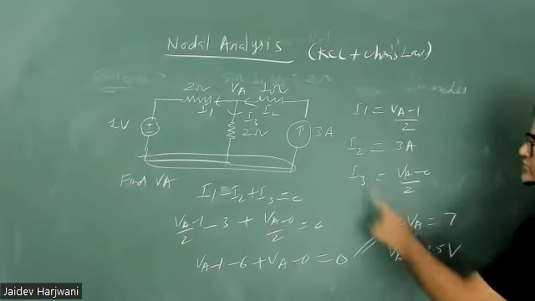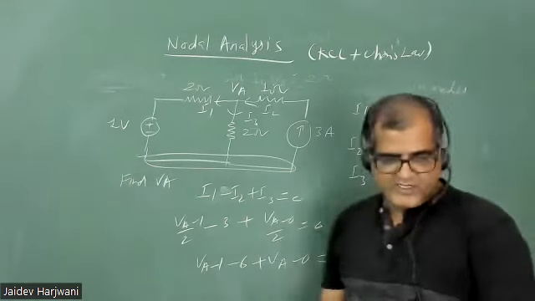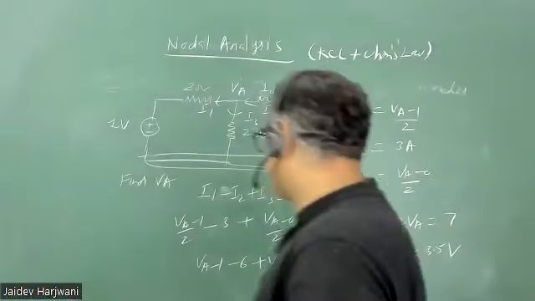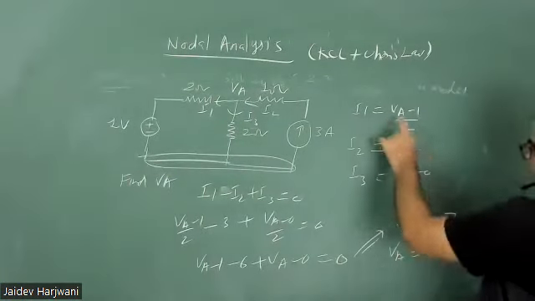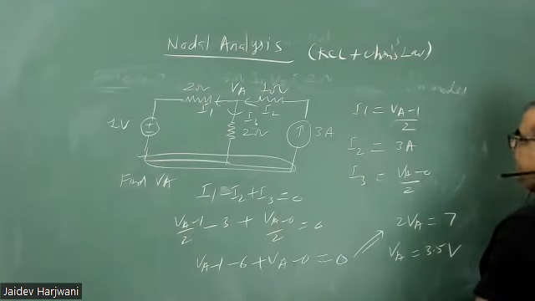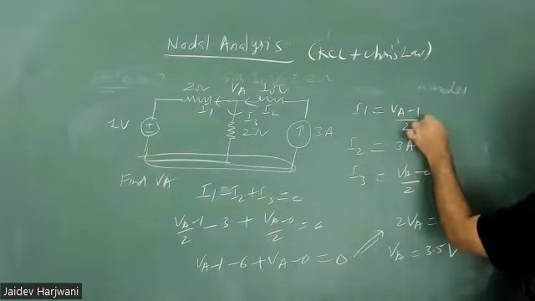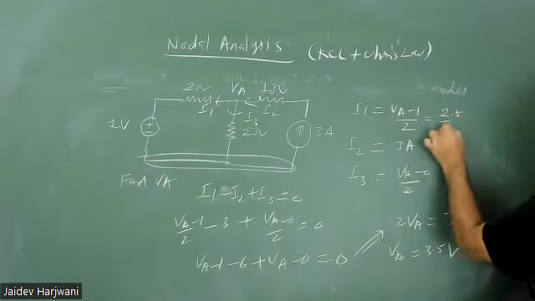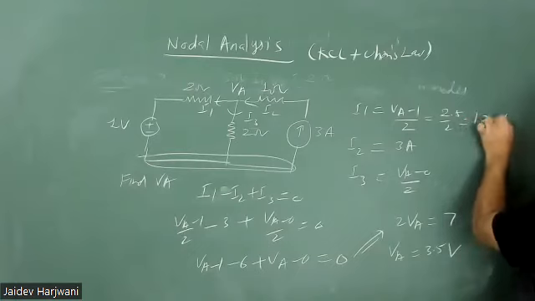Once you know VA, you can also find the current in the circuit. So now what will be the I1? Put the value here. I1 will be 3.5 minus 1, 2.5 upon 2, that is 1.25 ampere.